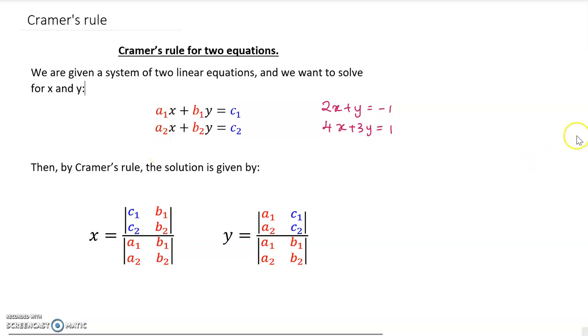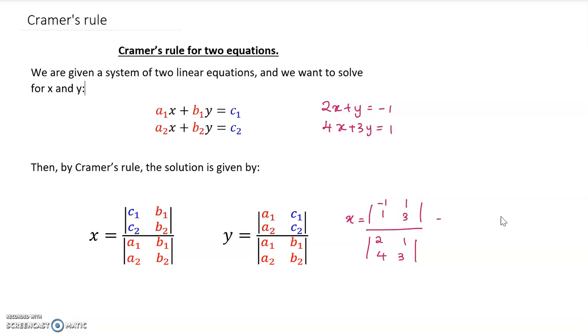If we have this system, then the value of x is going to be, put the denominator first, the coefficients of x and y. So you have 2, 1, 4, and 3. At the top, in the first column, you put -1 and 1, the right hand side values of your system, and this one should be the coefficient of y, so this is 1 and 3.